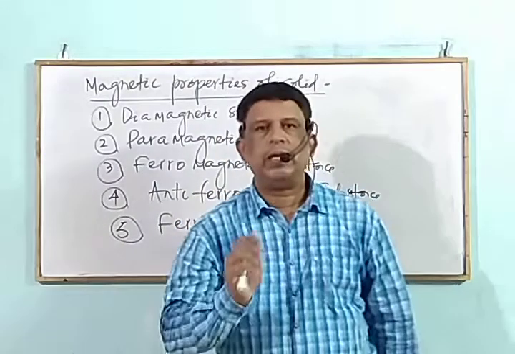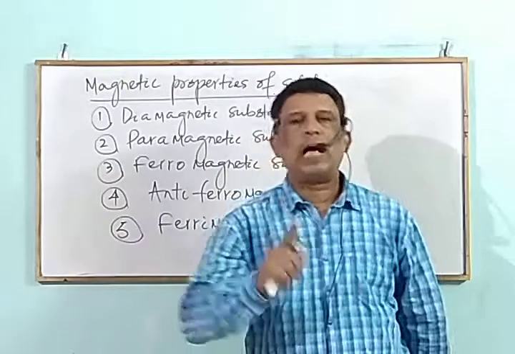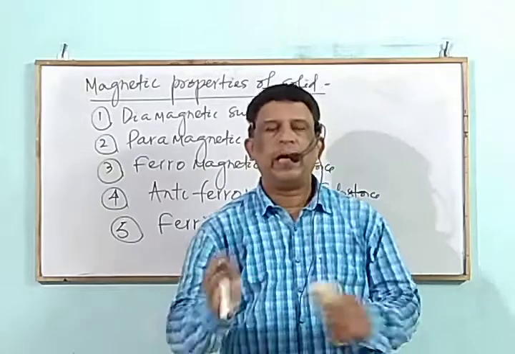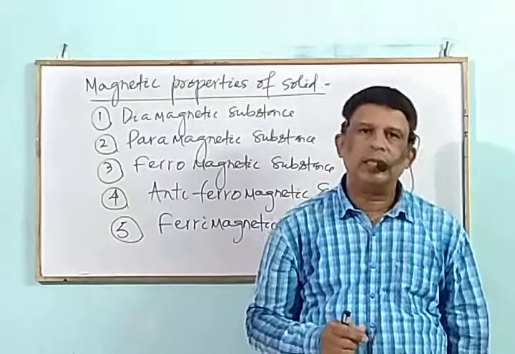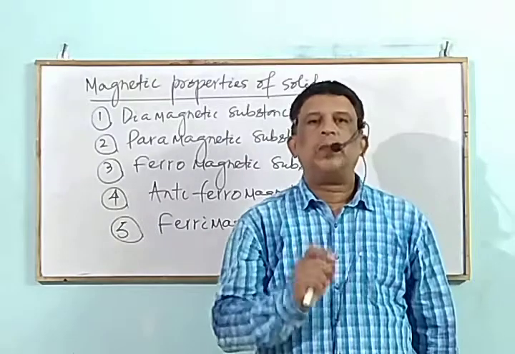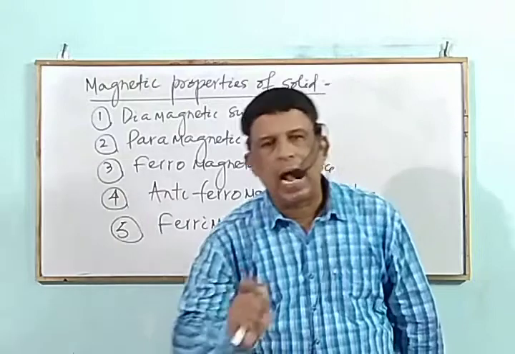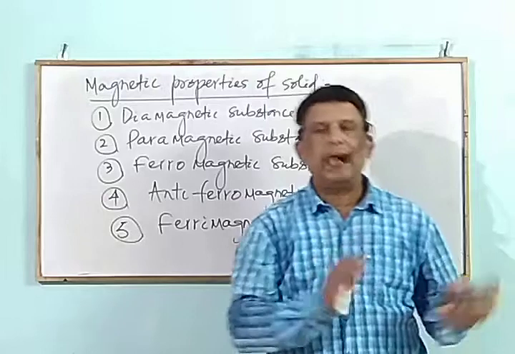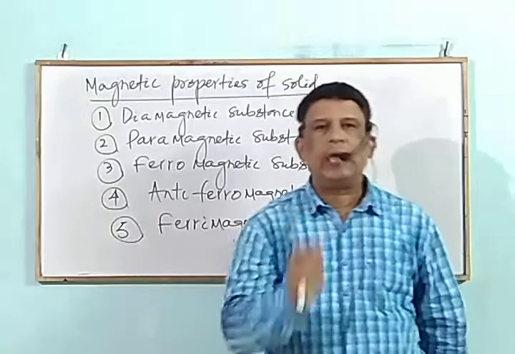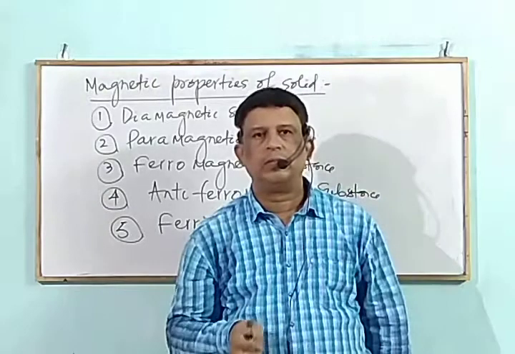These are the solids which are not attracted by the magnet, somewhat repelled by the magnet, and it is due to the presence of all paired electrons. If we go through the electronic configuration, then all electrons are paired off. Mark that.